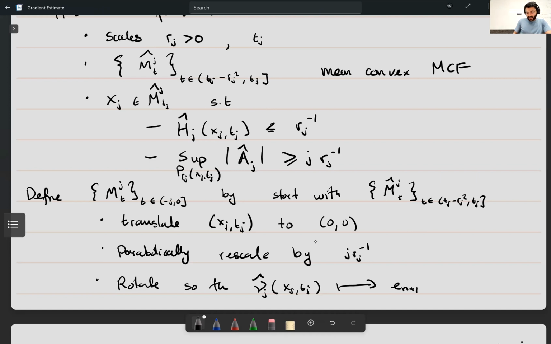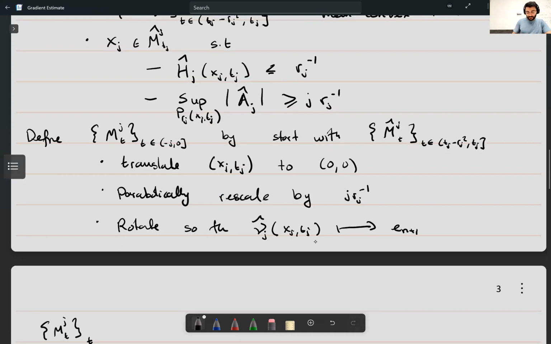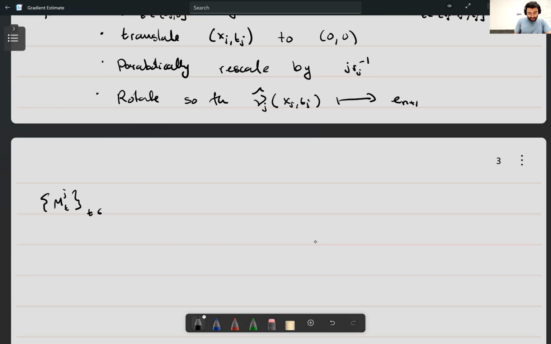Now when I rescale by jrj inverse, the r's will cancel, because time scales by lambda squared. So then I get a minus j here, right? So this is defined from minus j to 0.